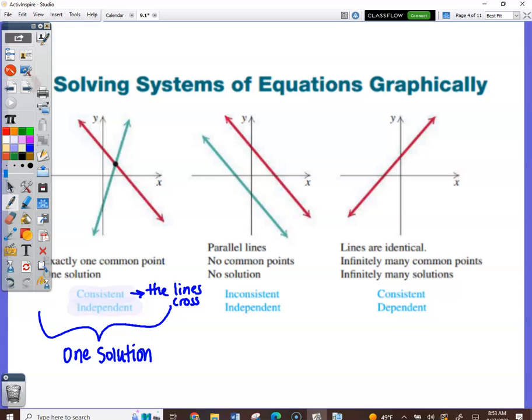Independent means they are two totally different lines, though, right? You all know what independent means. If you're an independent person, you kind of do your own thing. The lines are totally different lines, so they are independent. Consistent's the one most people struggle to remember. It just means they cross.